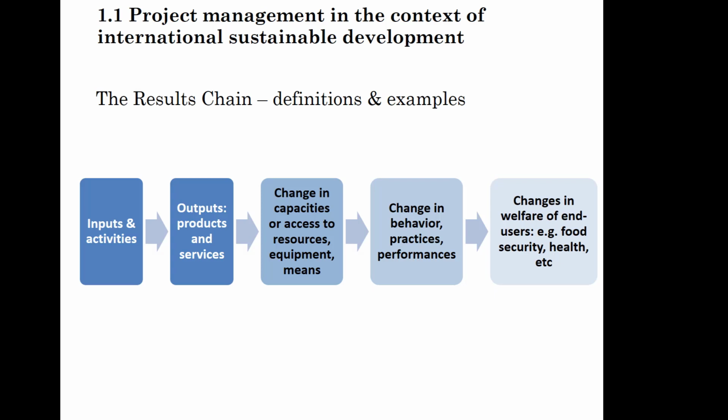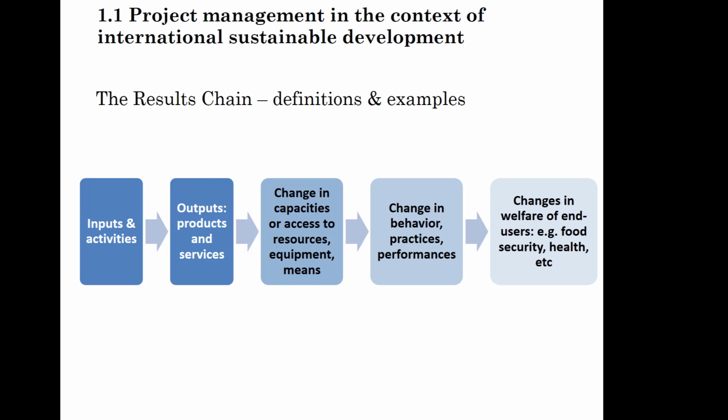Regarding the outcomes that are going to be achieved, there are basically two types of outcomes. Some outcomes are more directed to the change in capacities or the access to resources and equipment, means of achieving some results or benefits.